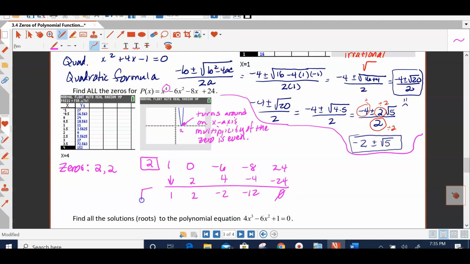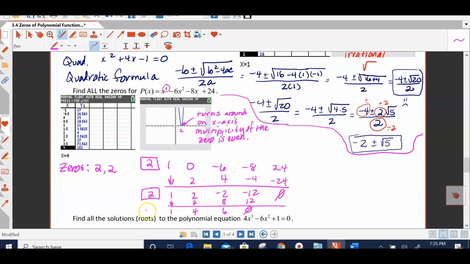I'm going to divide by 2 again to get it down to my quadratic, and it's getting a little iffy here. 2, 4, 8, 6, 12, 0. Yes. Okay, so that 2 repeats itself twice.